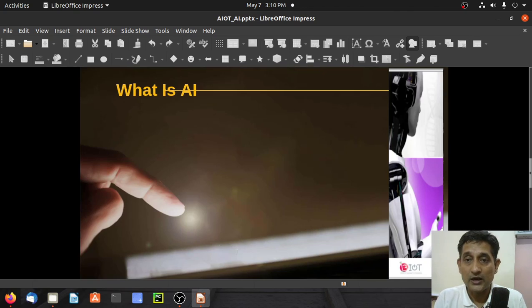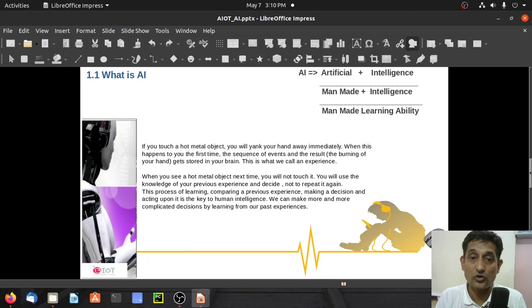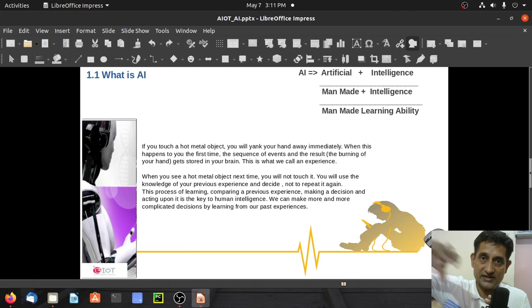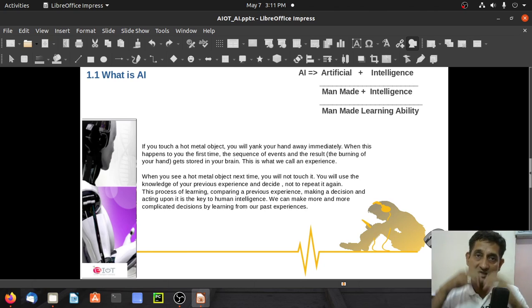All right. So let me define, in those terms, what is AI. As we have seen, intelligence is the rate at which you acquire information. So what is artificial intelligence? Now we are developing an artificial way of acquiring knowledge, and this ability, this technology, we are trying to transfer into a machine.